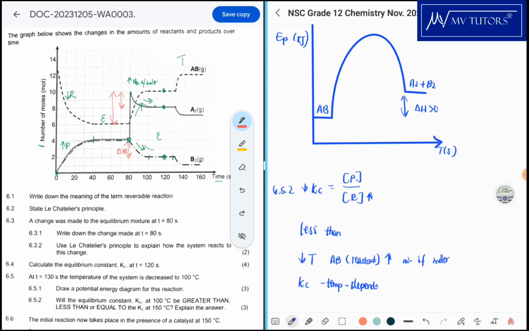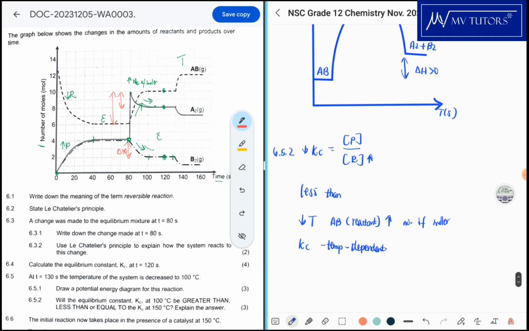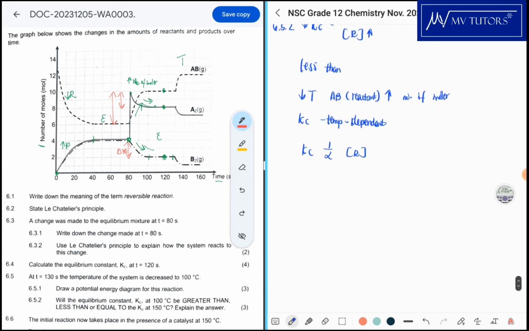Kc is temperature dependent, so only temperature can affect Kc. So we saw that with the reduction in temperature, the number of moles for the reactants AB increased, and as a result, with reactants being the denominator, we could say that the Kc value is inversely proportional to the concentration of reactants, and as a result, if the reactants increase, the Kc value will end up decreasing. Okay, so we can leave it at that.